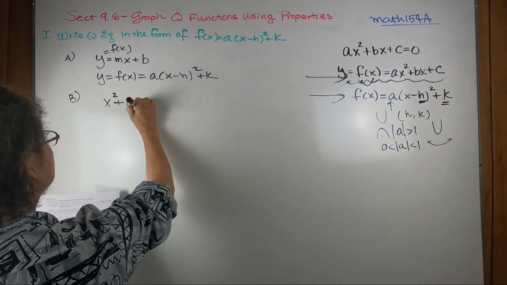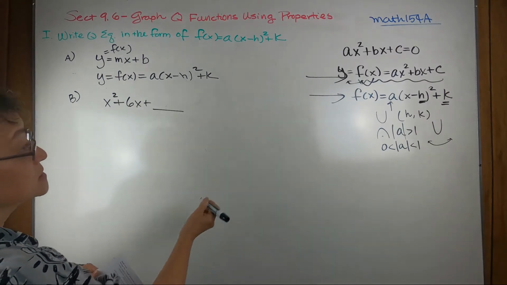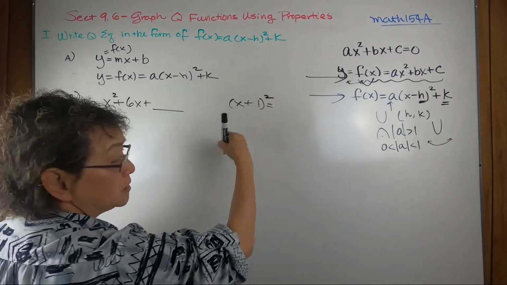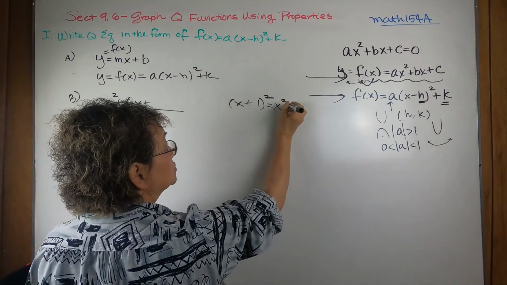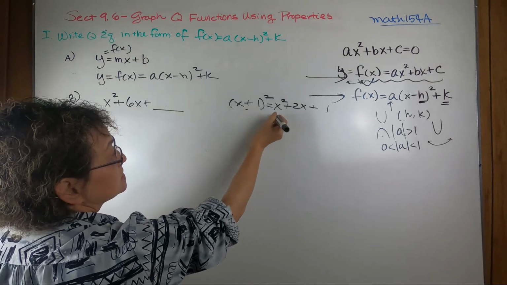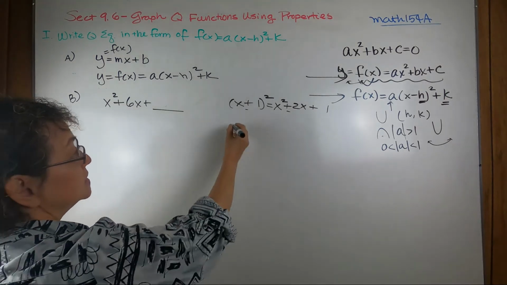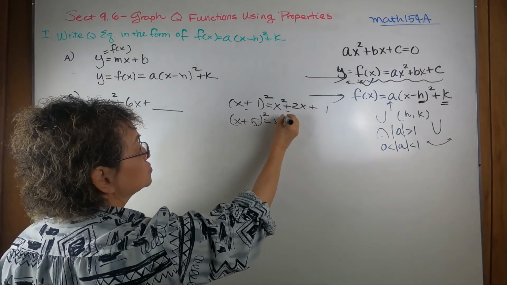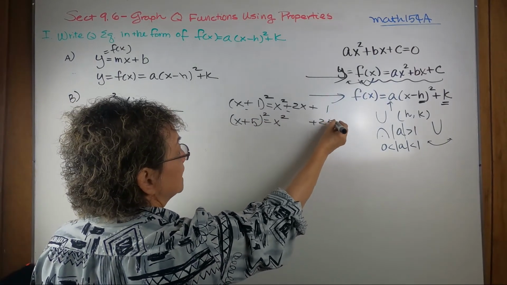That's a review of what we have done in your 152B class. Okay, so if I have (x plus 1) squared, you FOIL, right? It will be x squared plus 2x plus 1. If it's a minus, then here would be minus. If (x plus 5) squared, that would be x squared, and the last one is 25.